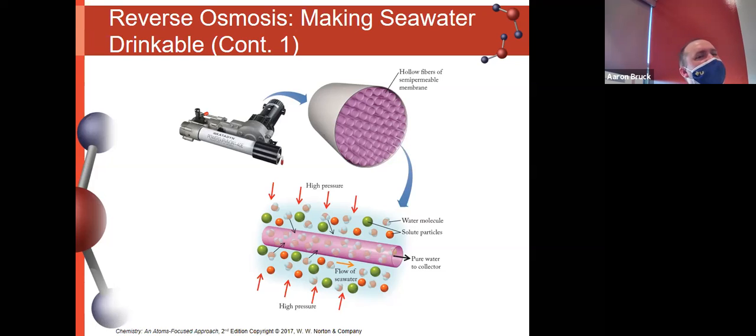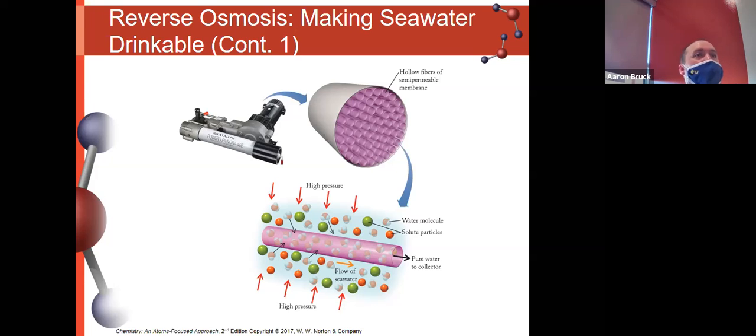So if you take osmotic pressure, remember, osmotic pressure stops the flow of water from one direction to the other. What this would do is, if we increase that pressure, if we go beyond osmotic pressure, then we can start to force the water to go from the impure side to the pure side. Because remember, the net flow wants to go the other way.